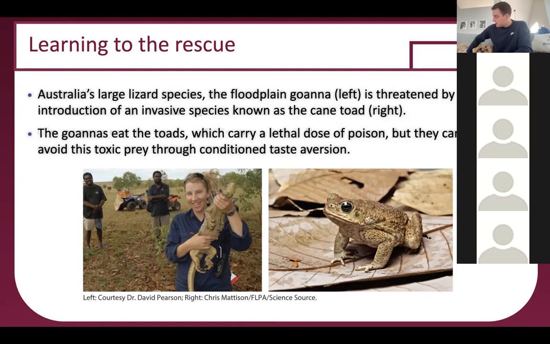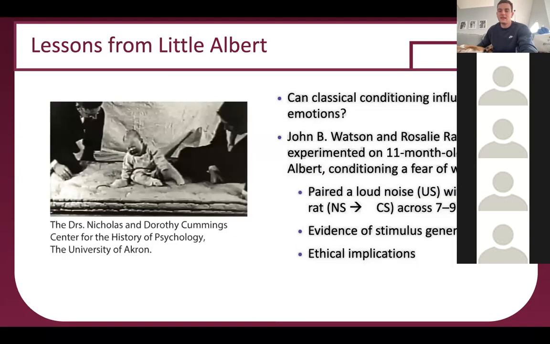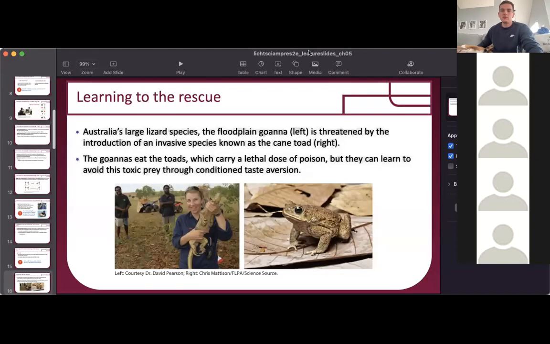Through that taste aversion, they had conditioned the goannas into discriminating those toads out of something that would be good for them to put in their mouths. And it worked, because the goanna population actually went back up after the biologists did this enough. The goannas learned that this was not a healthy thing for them to eat, which I think is pretty cool.